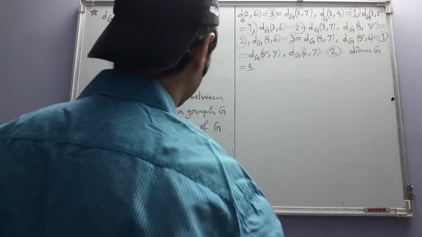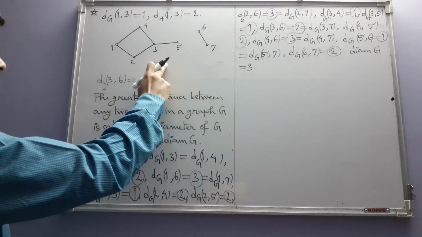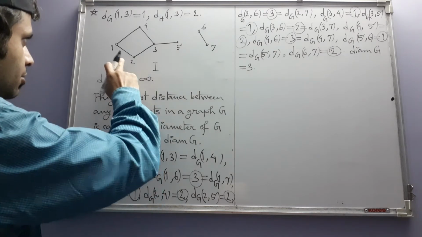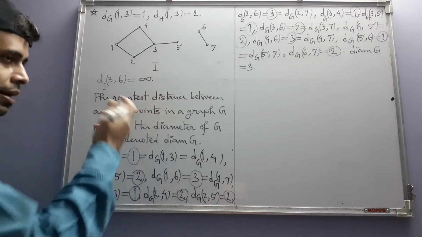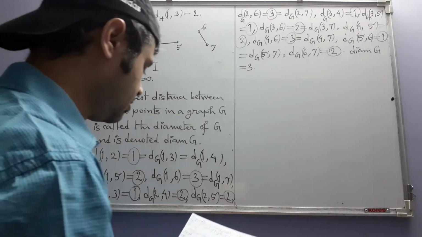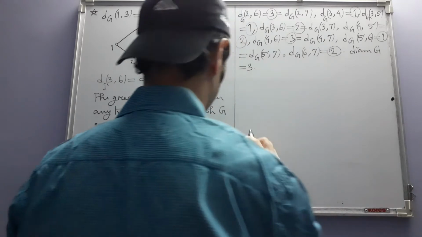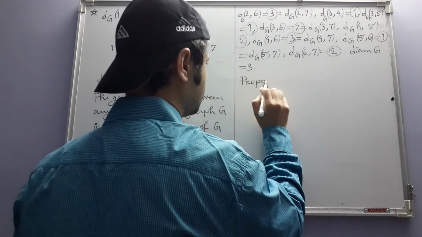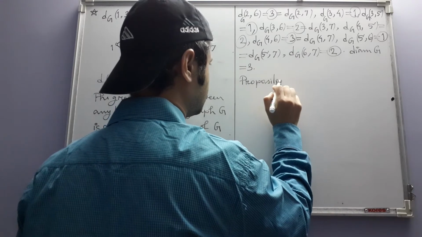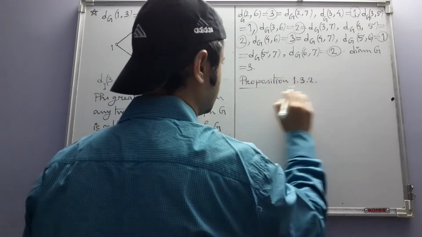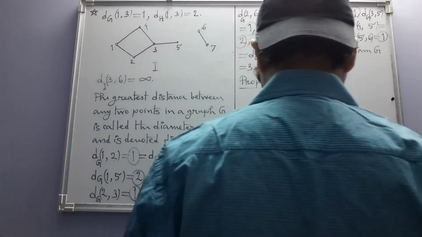And if we have a graph like this I, then of course the diameter is not finite, because we have vertices at infinite distance from each other. So next proposition, 1.3.2.